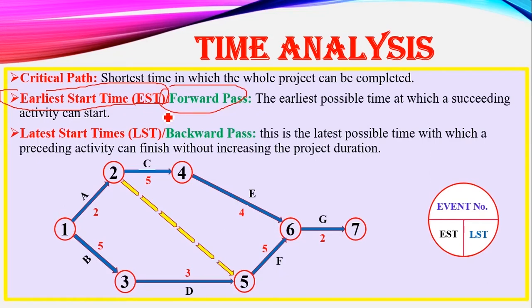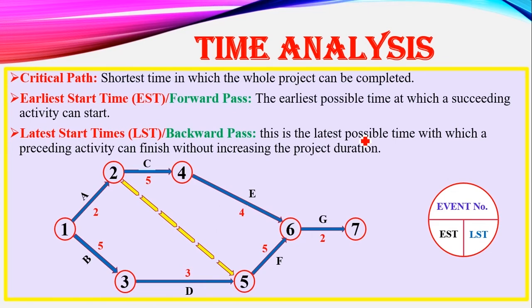Then the other term that we need to look into is the earliest start time, or what you're referring to as the forward pass. The earliest start time refers to the earliest possible time at which a succeeding activity can start. For example, if you're building a house, you start with the first activity, which is digging of the foundation. After digging the foundation, the next thing is laying the blocks. So we are saying, what is the earliest time that laying blocks can start?